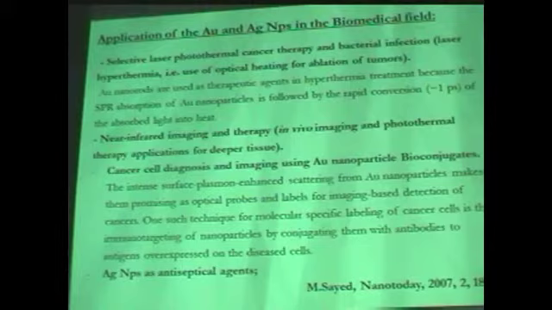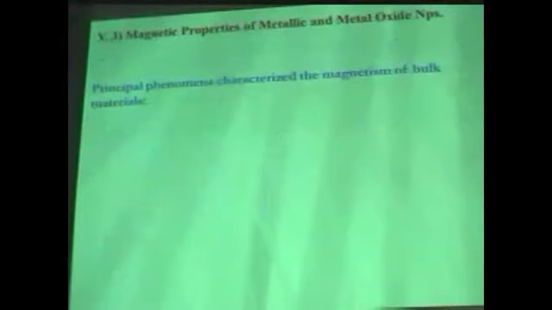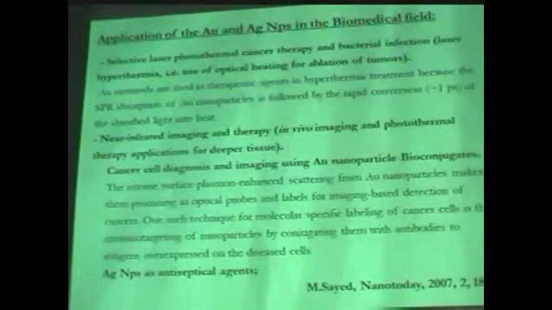One such technique for molecular-specific labeling of cancer cells is the immunotargeting of nanoparticles by conjugating them with different kinds of antibodies to antigens overexpressed on the diseased cells. I would like also to point out that the silver nanoparticles are actually used as antiseptic agents.